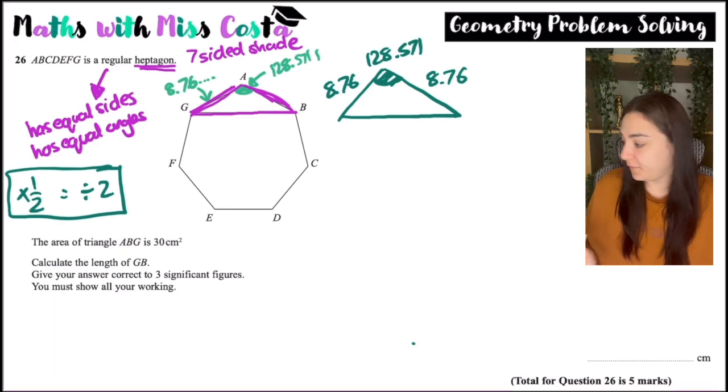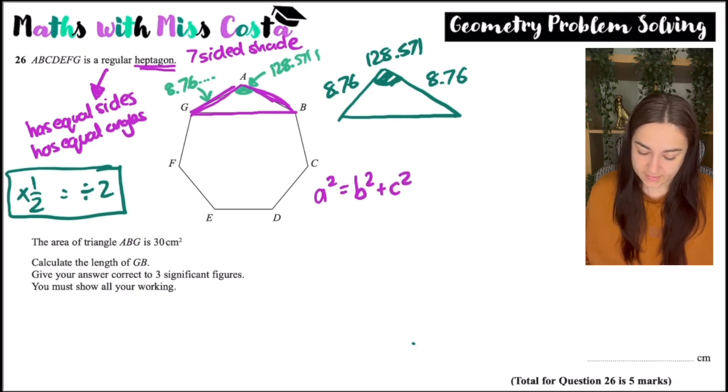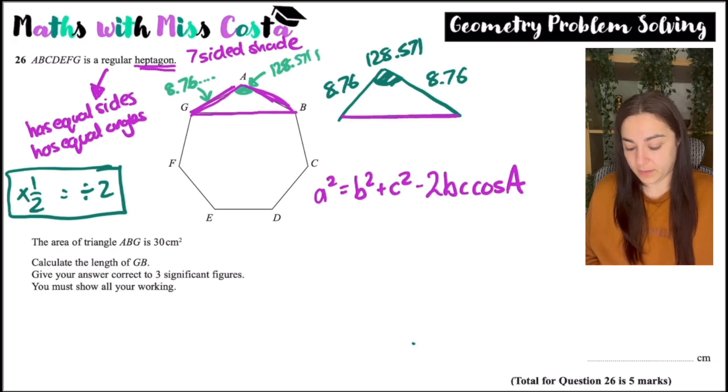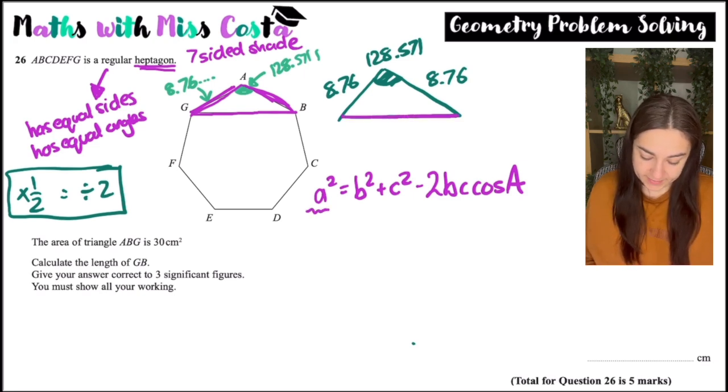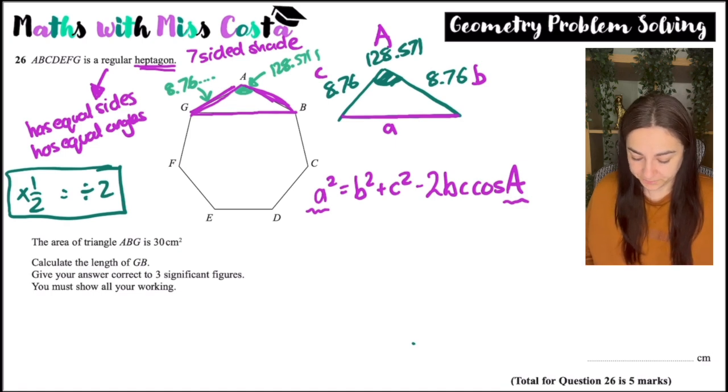So if I use the cosine rule, which is a squared equals b squared plus c squared minus 2bc cos A, I can figure out what the length of GB would be. So a squared and cos A are going to be opposite each other. Remember, you can label your triangle however you want. So if this is the big A, this is going to be little a, and these are going to be b and c. It doesn't matter which one's which.